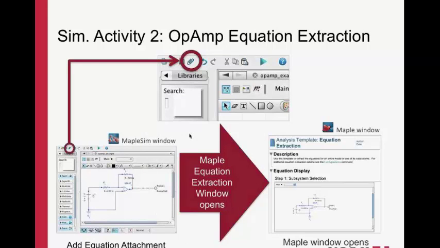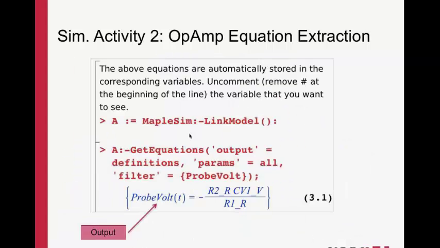Once that circuit was up and running, what we wanted to do was bring in an equation extraction template for the circuit. After we defined some particular variables like the resistor names and an output variable for voltage out of the operational amplifier, we called up Maple, and we would link in our MapleSim model using the first command here in red, and then we would put in the second command in Maple, literally, to get the equations.